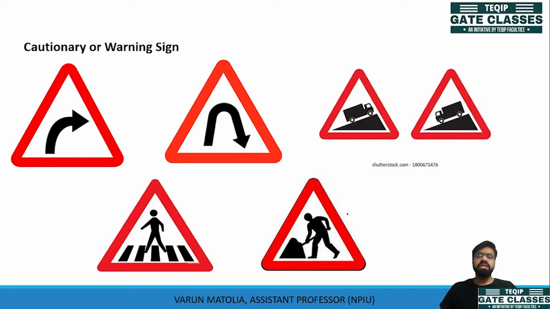Next are cautionary or warning signs. These signs will not regulate you. These signs provide you information, like what lies ahead on the road. If there is a turn, this is a right turn or right turn curve.